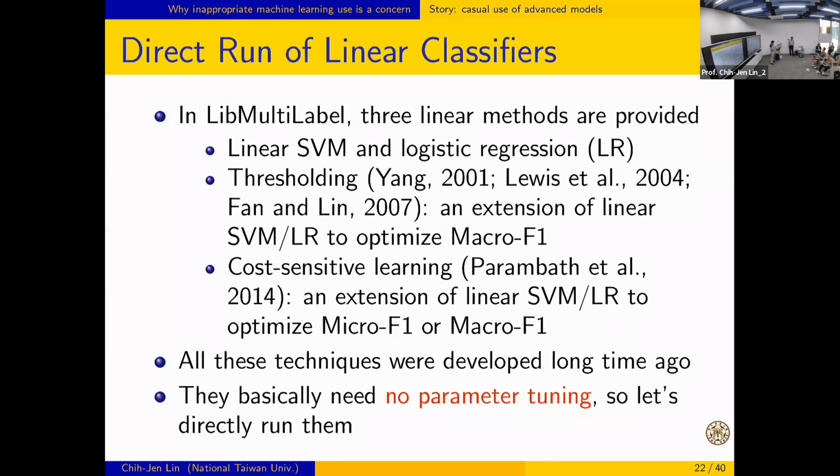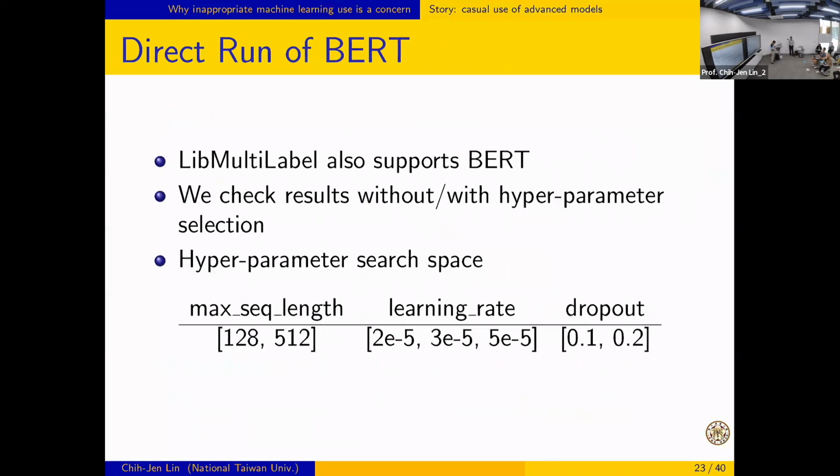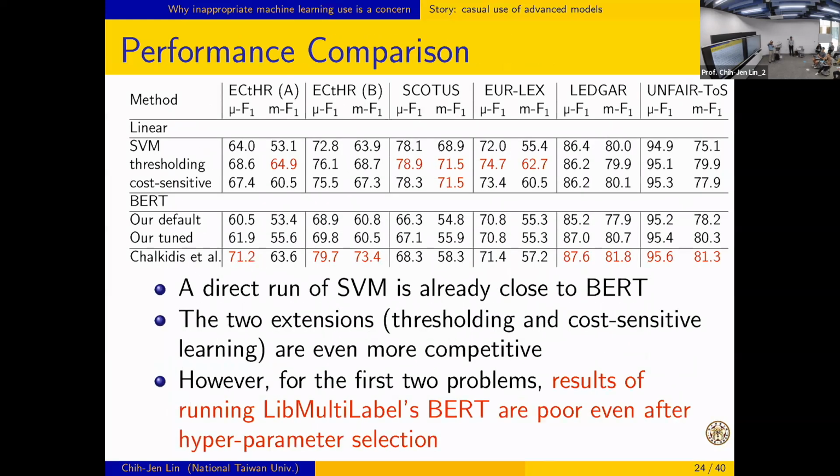Right. So another thing I didn't talk about is the comparison between different neural network architectures for text classification. In my table, I compare linear and BERT. But how about other commonly used neural network architectures, such as convolutional neural networks or RNN?